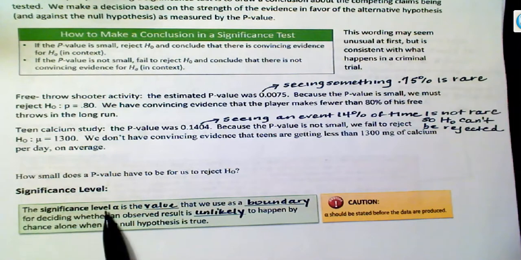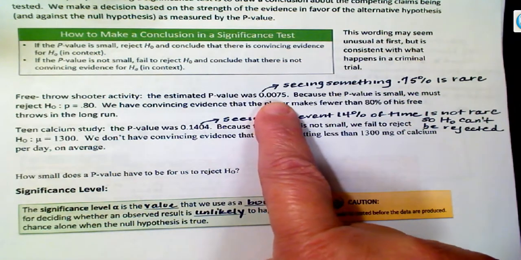The significance level alpha is the value that we use as a boundary for deciding whether an observed result is unlikely to happen by chance alone when the null hypothesis is true. Most problems will give you an alpha, and if they don't, you usually use alpha equals 0.05. You compare the p-value with the alpha.